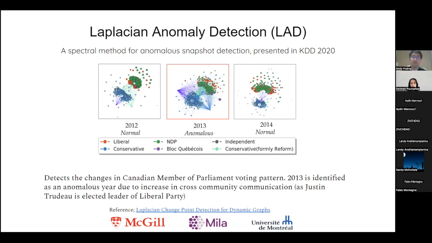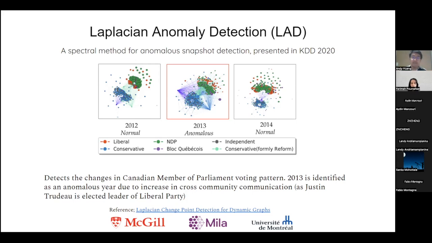And here's one example of how LAD works in practice. We have the Canadian bill voting network that we saw before, where the nodes are the MPs in Canada, and the edges are the co-voting patterns between the MPs.